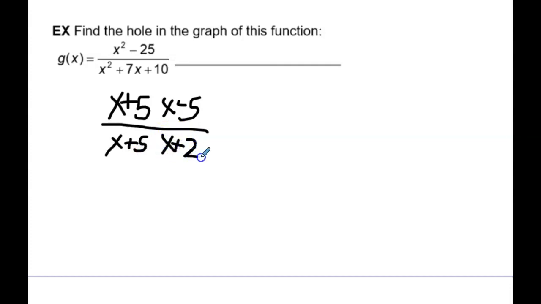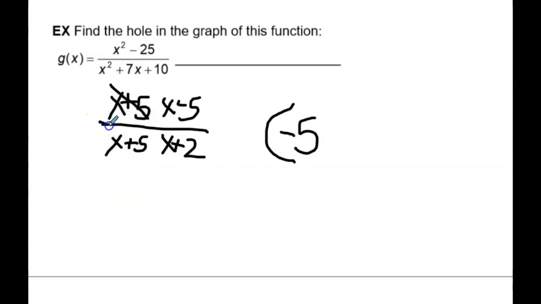Okay, so the common factor is x plus 5, but before you cancel it, you write down what? What value can we not have here? Because of that common factor, we can't have an x value of negative 5. Does everybody see that? The domain cannot include negative 5 because it would make the denominator 0.